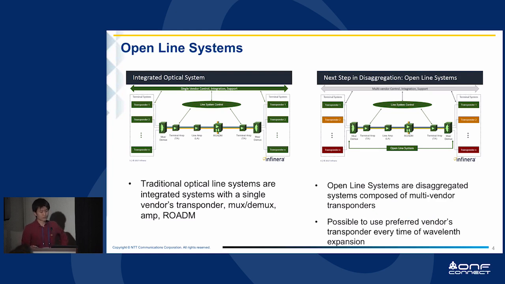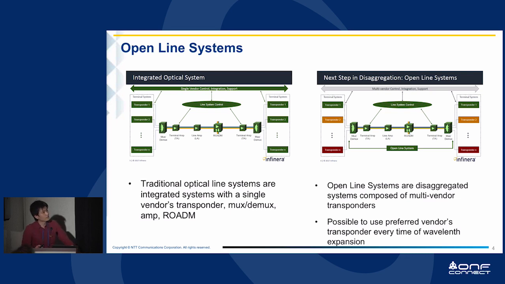And the open line system is one style of optical disaggregation, also called partial disaggregation. In the open line system, we can select multi-vendor transponders in a single line system, but all components in the line system should be provided from a single vendor.